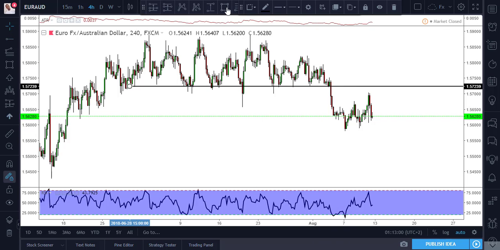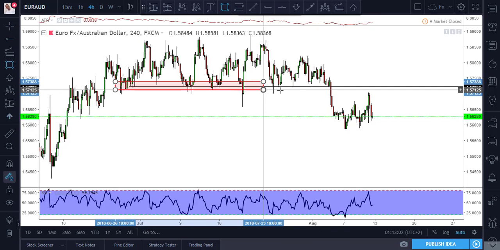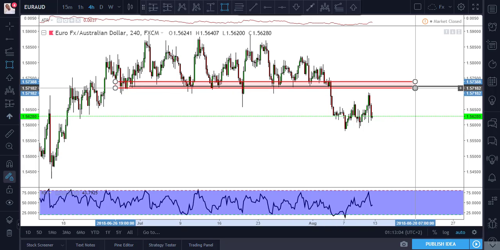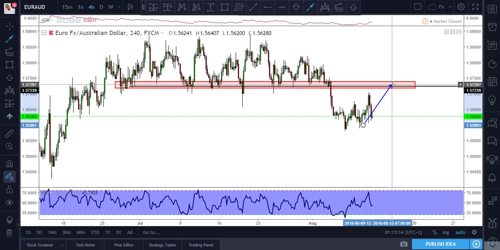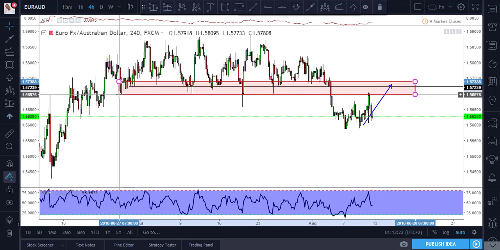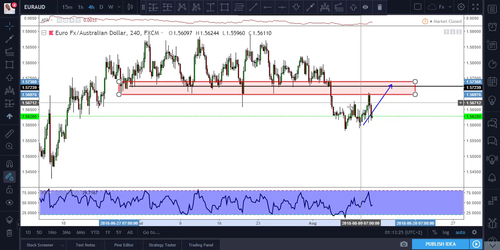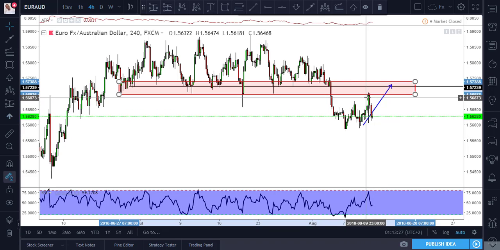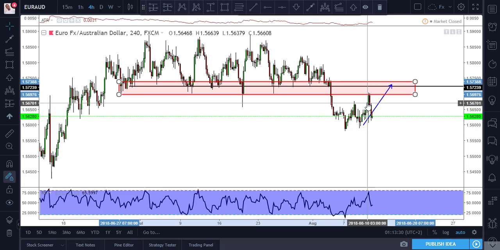So we have a structure shelf right here, which might become our future resistance as price eventually tries to get back up to this level. If I would enlarge this zone, you would see price did eventually try to hit this level right there, but we haven't gotten our overbought sign.